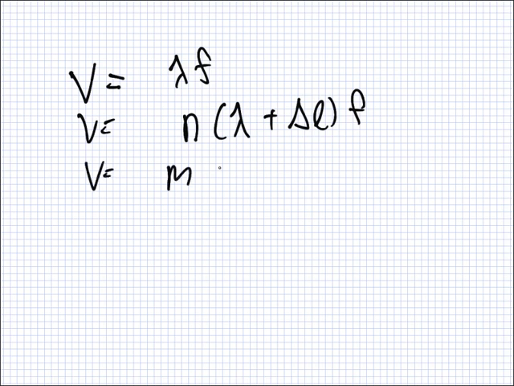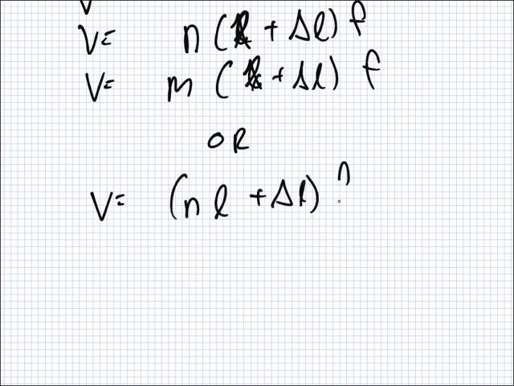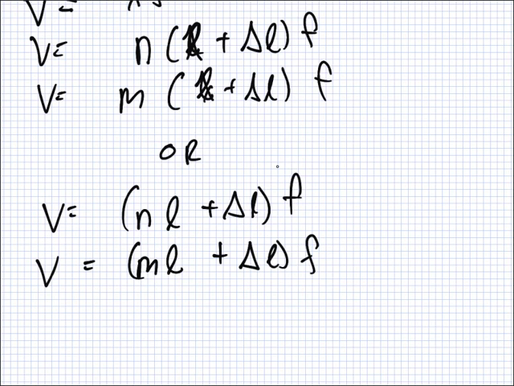V equals mL plus delta L F. Or we tried it the other way: V equals nL plus delta L F, and V equals mL plus delta L F. Which way did we find that it works? The second way seemed to work. Now why don't we use it the first way here?